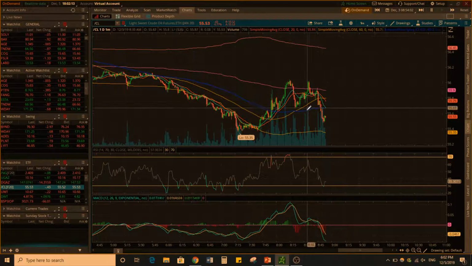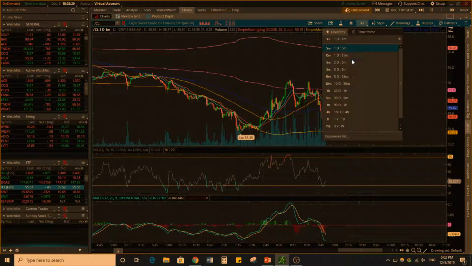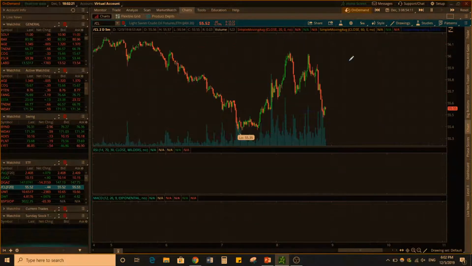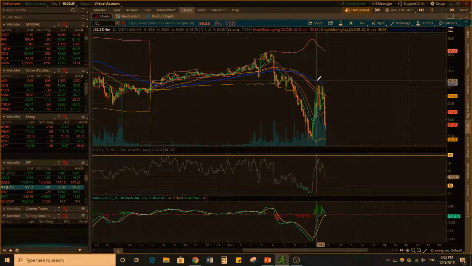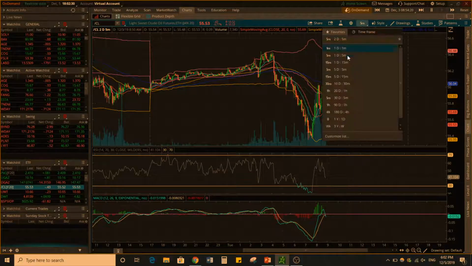The blue trend line doesn't really give much of a helping hand here because it's just kind of flat. Let me see where it is on the 2-day chart. Okay, on the 2-day, 5-minute chart, the trend is downward. So it just reaffirms why I do not want to trade UWT.